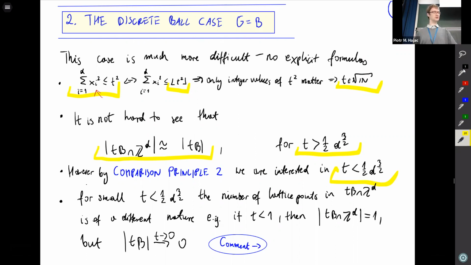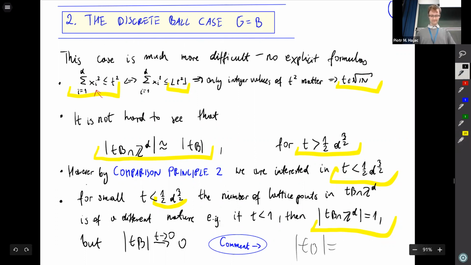Okay, the problem is that for t very small, smaller than this, and especially very small, the number of lattice points starts to behave in a completely different way than in the continuous setting. For example, if you take t smaller than 1, then the number of lattice points inside the ball of radius t is 1, because the only lattice point for which the length is smaller than 1 is 0. But the Lebesgue measure of this set is the measure of b times t to the d.